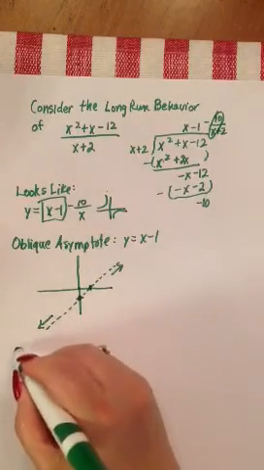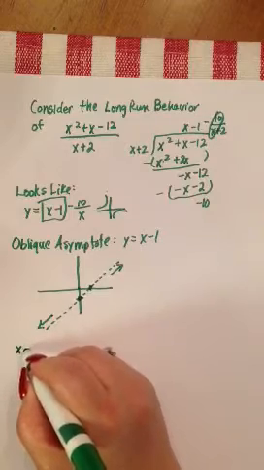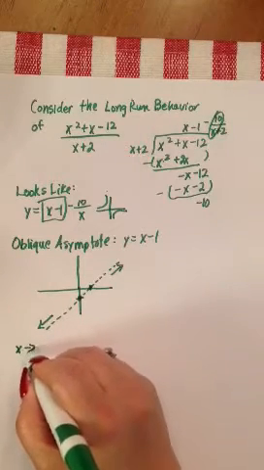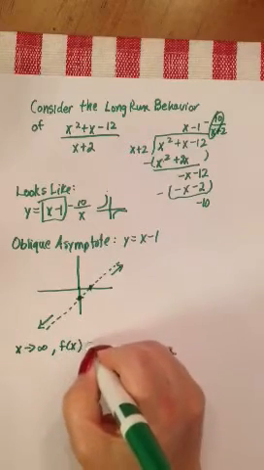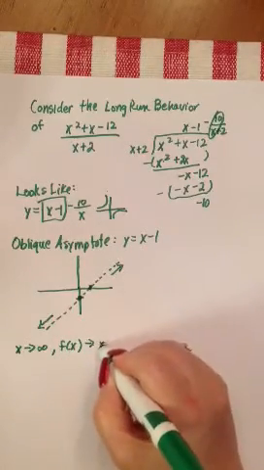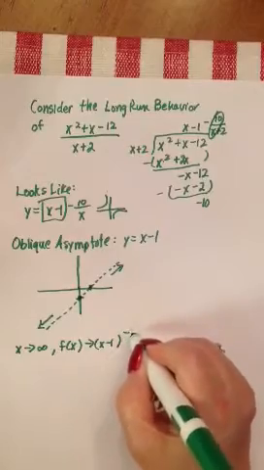If we wrote behavior statements, we would say, as x approaches infinity, f of x approaches the asymptote from below.